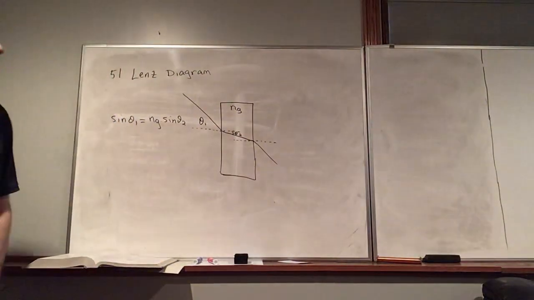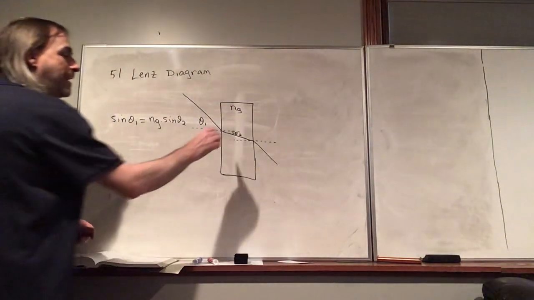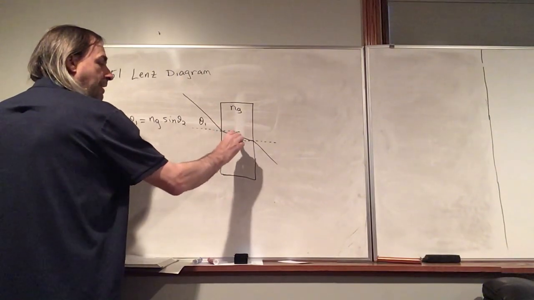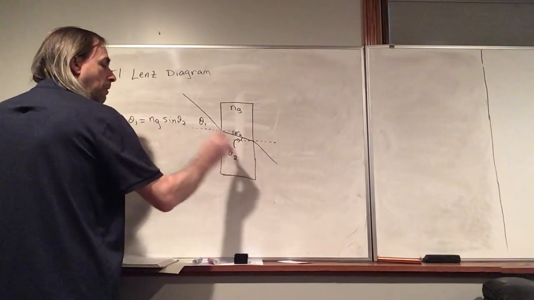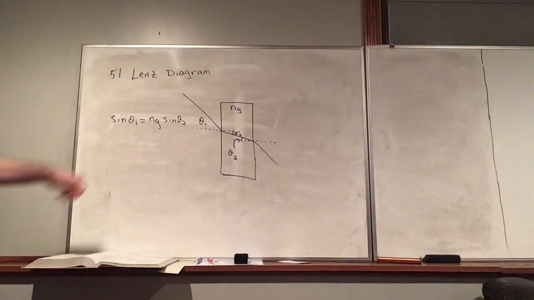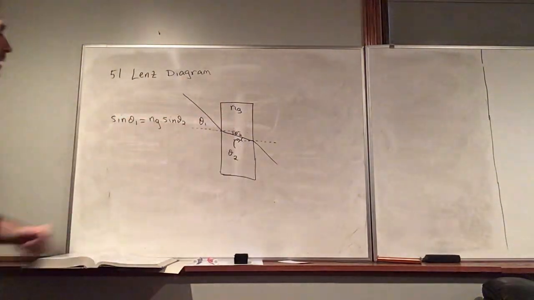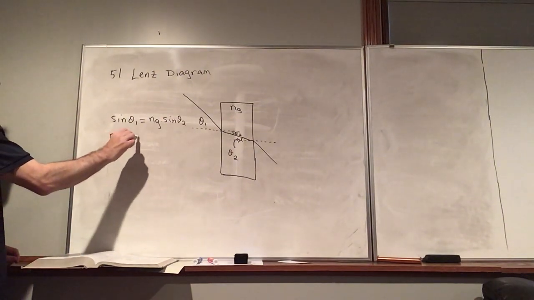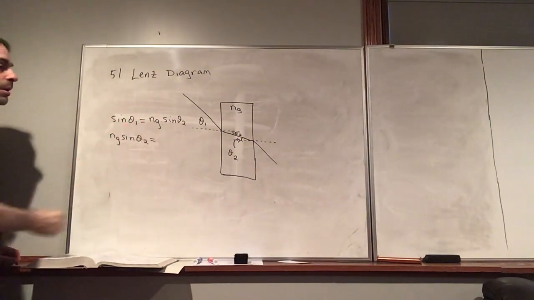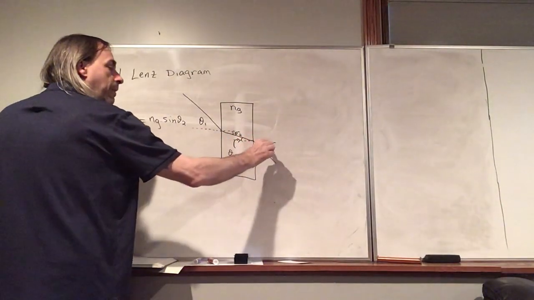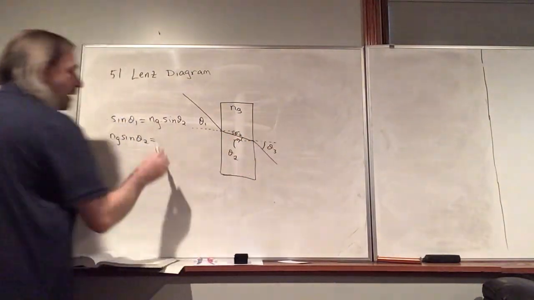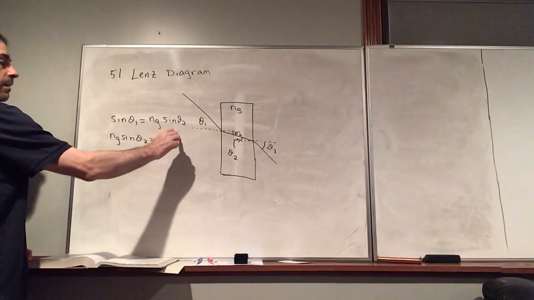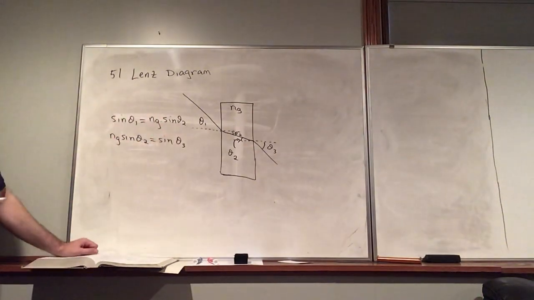These two sides are parallel to each other, and that makes these two angles equal to each other, so this angle is also theta 2. Now this is our angle of incidence. Here we have n_g sine of theta 2. Let's call this angle theta 3. That would equal n for air, which is 1, so that would just be sine theta 3.